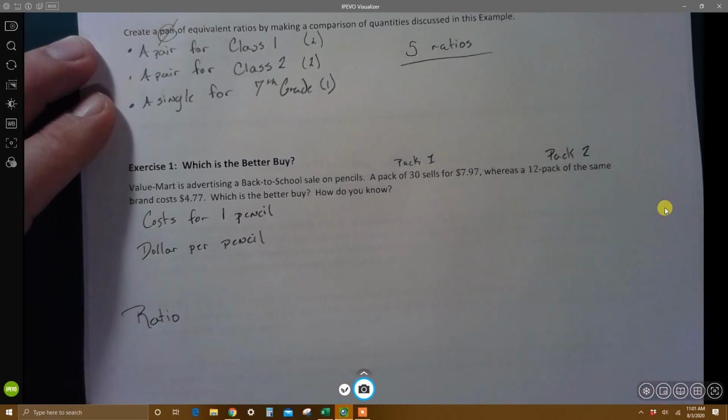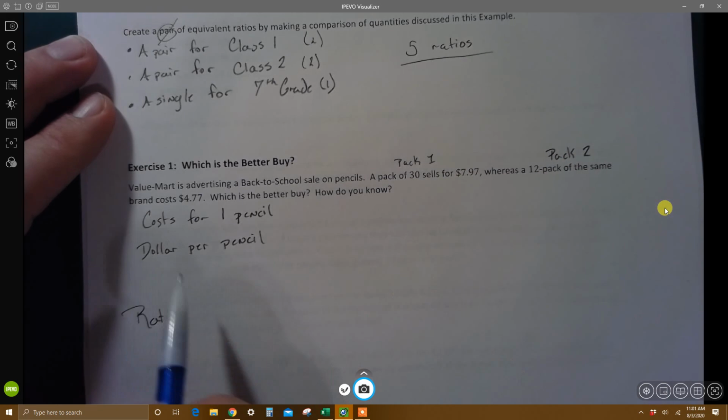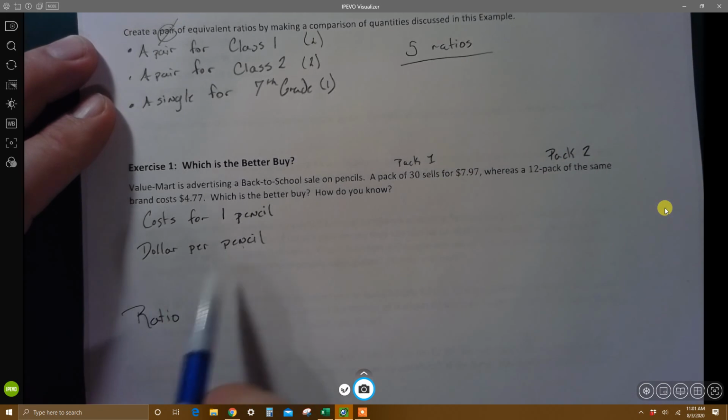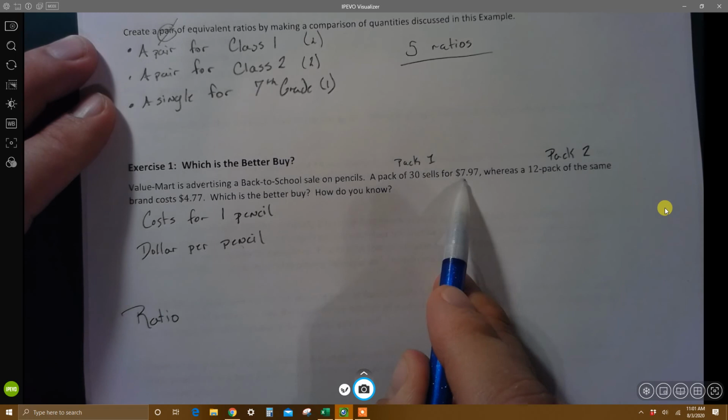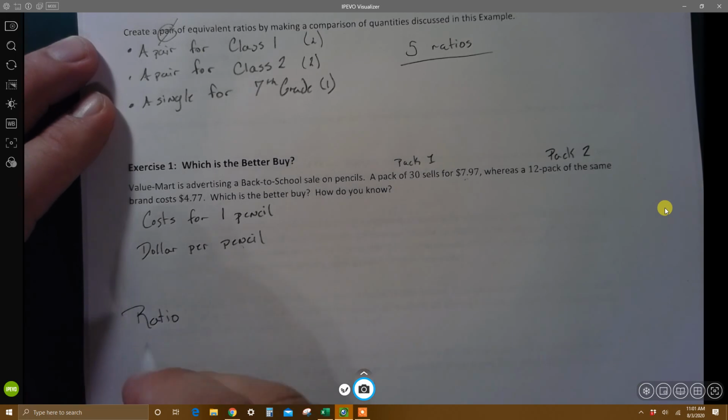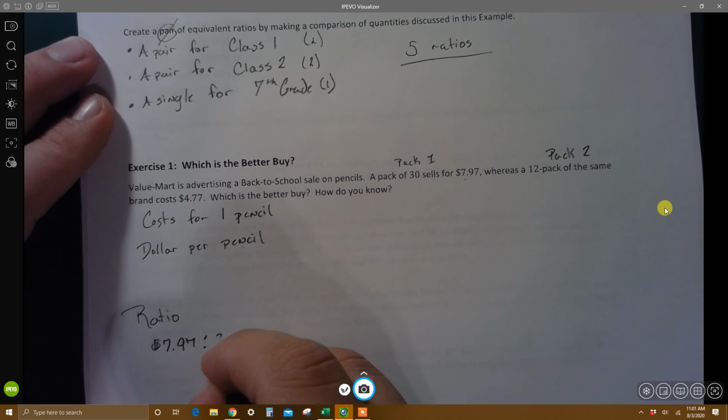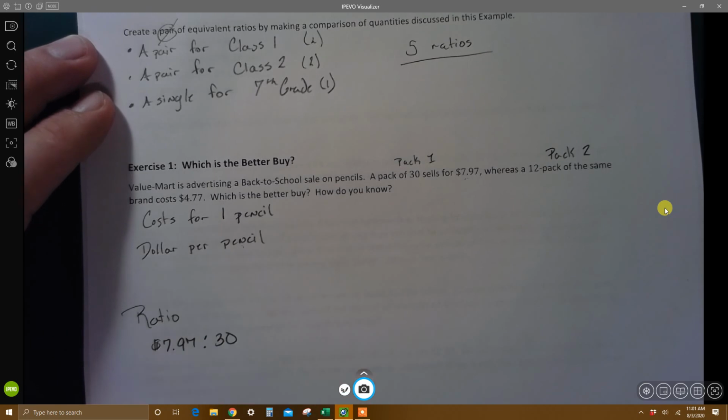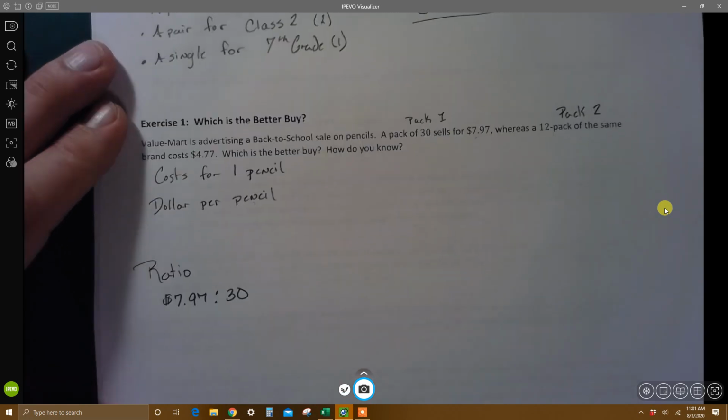Remember, I'm looking at dollar per pencil. Pack 1's cost is $7.97 for 30 pencils. So my ratio is going to be cost per pencils. That's my ratio for one of them.